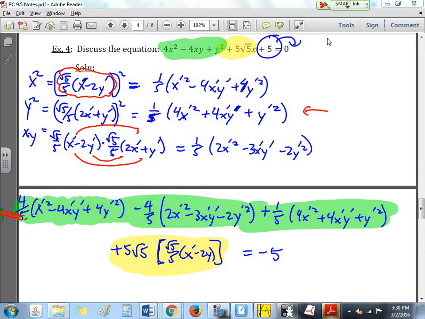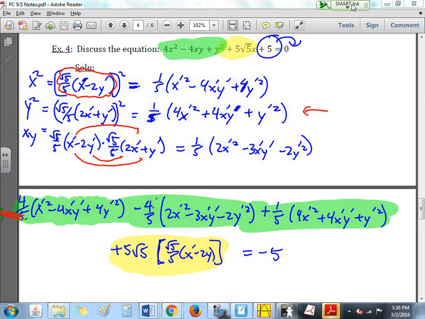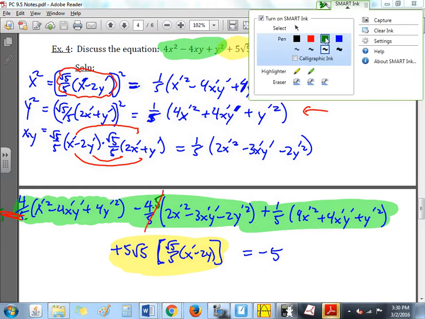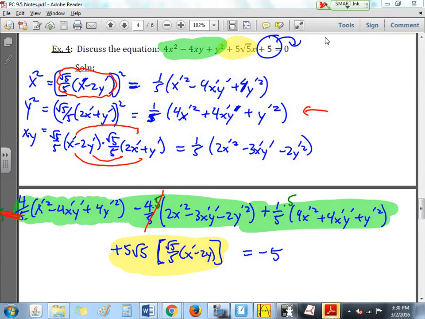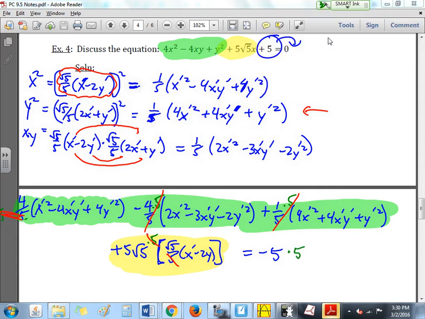Multiply this term by 5, so this cancels out. Multiply this term by 5, so this cancels out. Multiply this term by 5. That's interesting, it's actually going to cancel here. And then, of course, multiply the right side by 5. Okay, so let's see what we got.